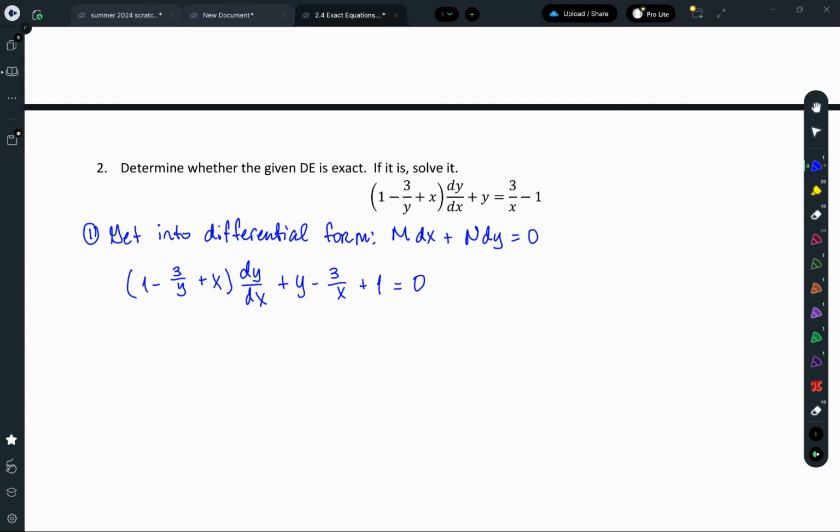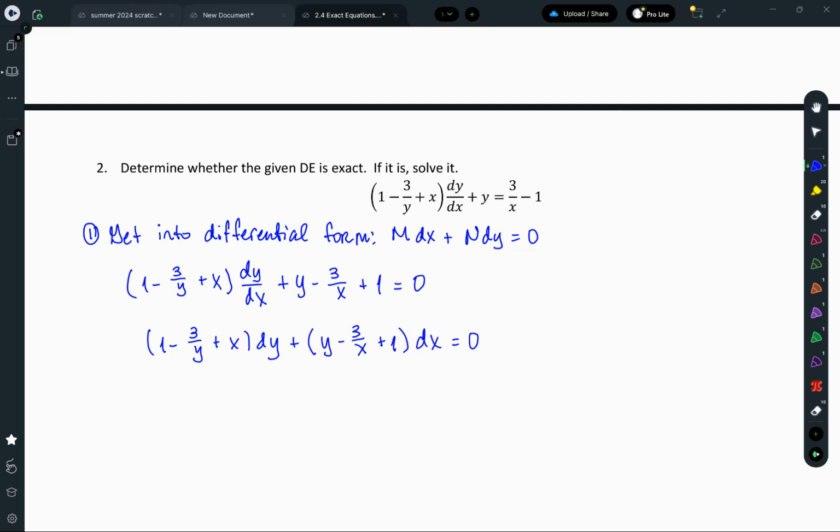We're still not there. I need to split up my dy and dx, so I'm going to multiply the last 3 terms by a dx. And so I get (1 minus 3 over y plus x) all times dy plus, in parentheses, (y minus 3 over x plus 1) all times dx equals 0.